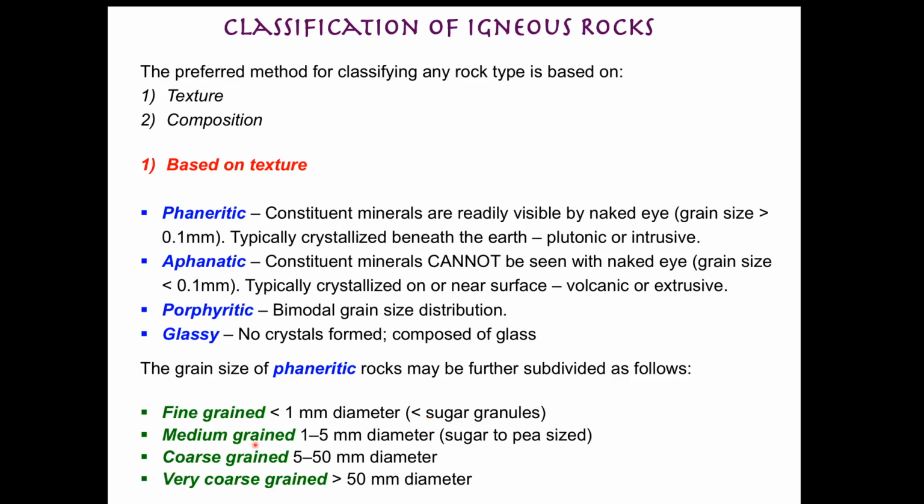Medium-grained is 1 to 5 millimeter, roughly the range of sugar to the size of a small pea. Coarse-grained is 5 to 50 millimeter, which is 0.5 centimeter to 5 centimeter in diameter. And very coarse-grained is greater than 50 millimeter, or greater than 5 centimeter in diameter, for each of the grains of the rock.